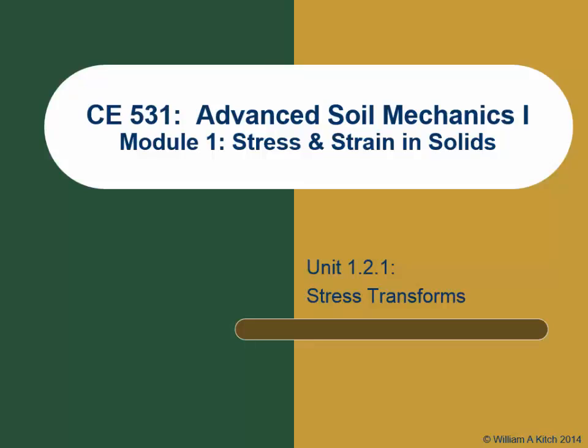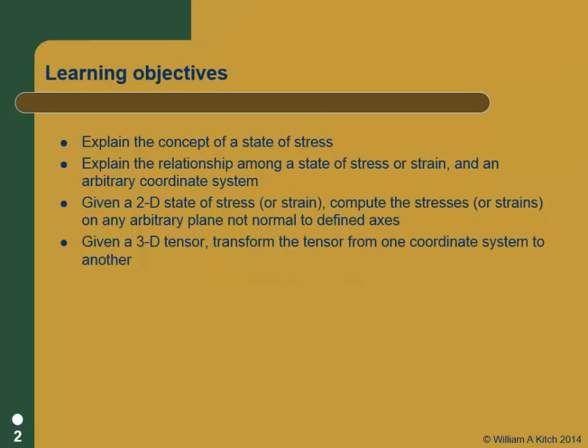So the first thing we're going to start talking about are stress transforms. We talked about state variables last time, and this time we're going to specifically talk about the state of stress, and spend a little more time on it conceptually at the beginning. This concept of a state of stress is really important, and it is different than the values of normal stress and shear stress in some arbitrary coordinate system.